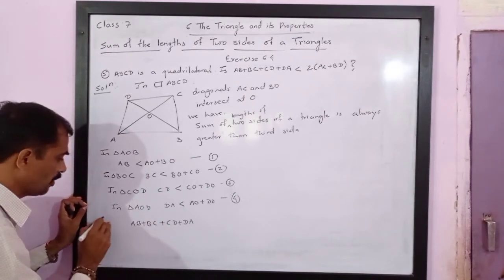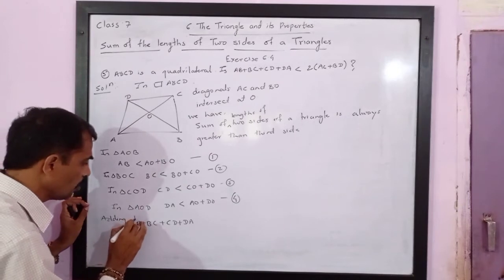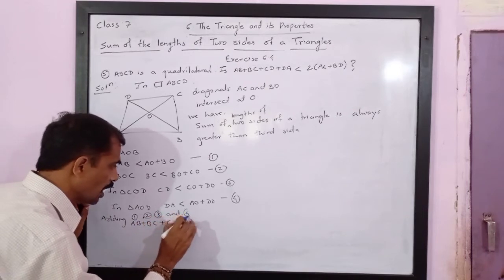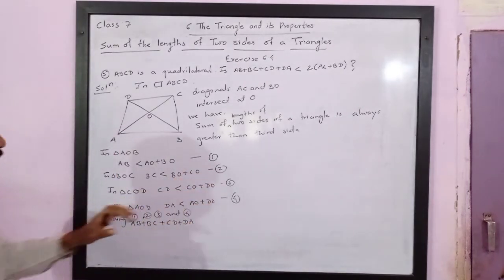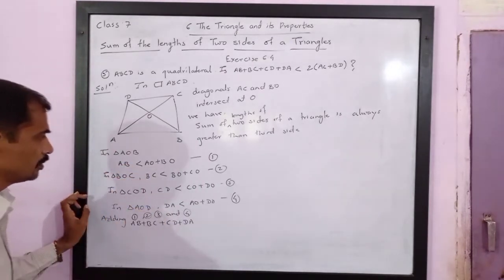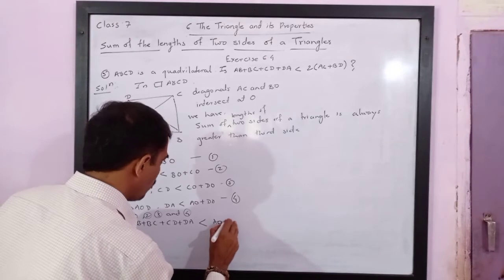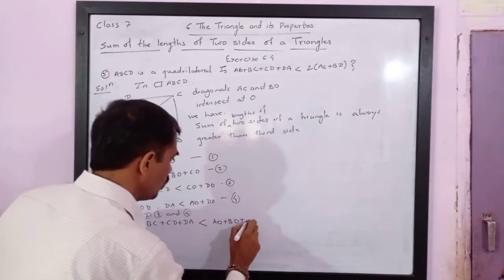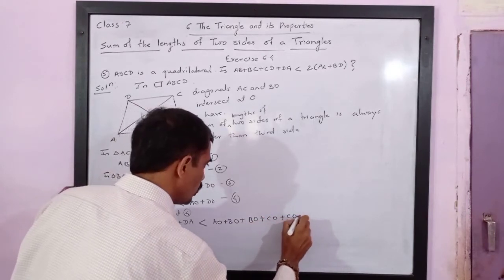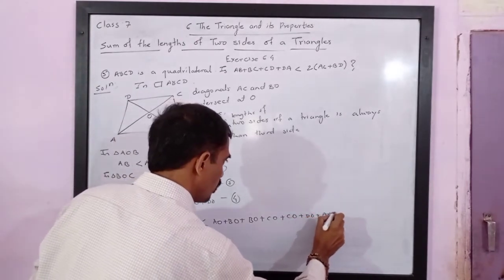I am doing addition of the inequalities. Adding 1, 2, 3 and 4, we will get AB plus BC plus CD plus DA is less than AO plus BO plus BO plus CO plus CO plus DO plus AO plus DO.